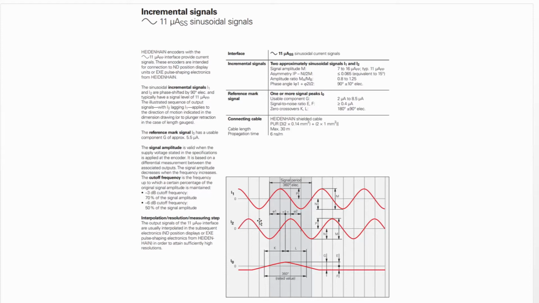And then there is also a 5 microamp peak to peak incremental signal that you should see once every 360-degree rotation. So that's what I actually had. The giveaway is this 11 microamp sinusoidal signal, 11 µASS. I wonder if they did that on purpose.